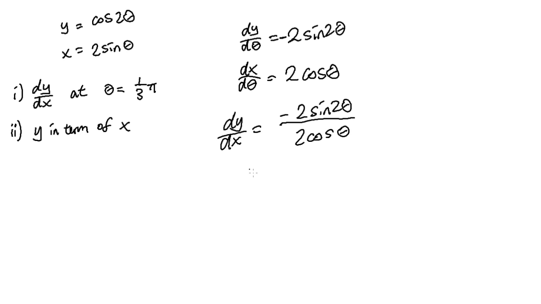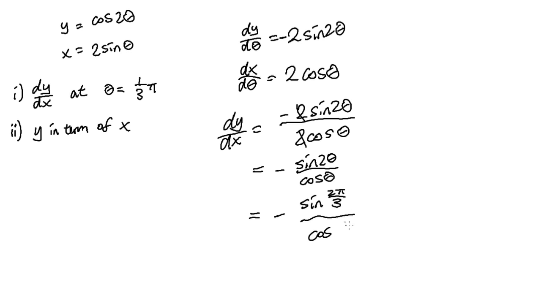which the 2 cancels, so you are left with minus sine 2 theta over cos theta, and note that this is not tangent because they have different angles. And when theta is a third pi, it is negative of sine 2 pi over 3 divided by cosine pi over 3.